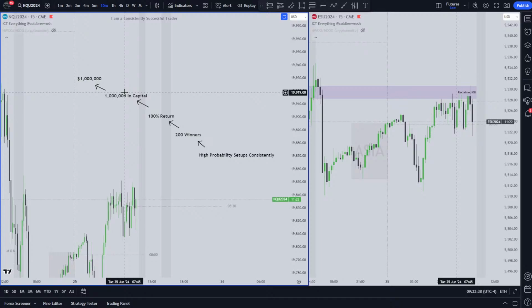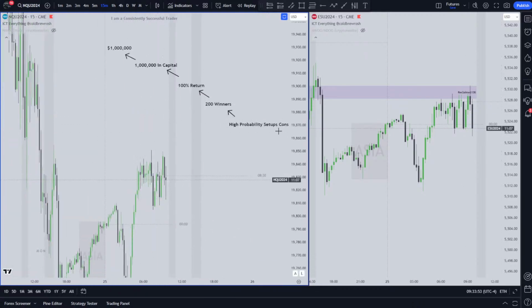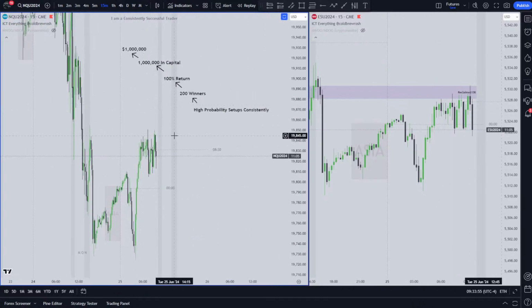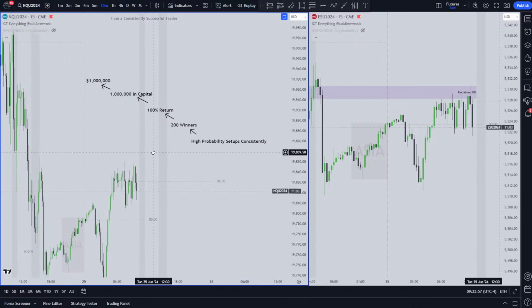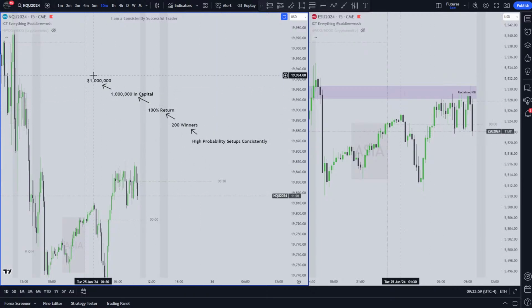Nah, that's not how you get to that goal. The version of you that has this already is not desperate for his next setup, thinking, oh, I need to get a trade in. That's not you. So if you're taking the wrong steps to get there, how are you going to get there?